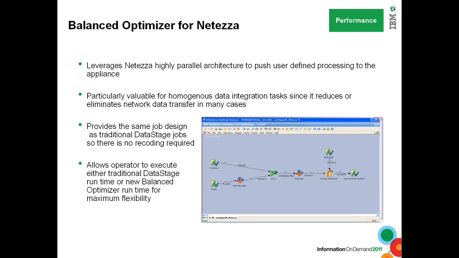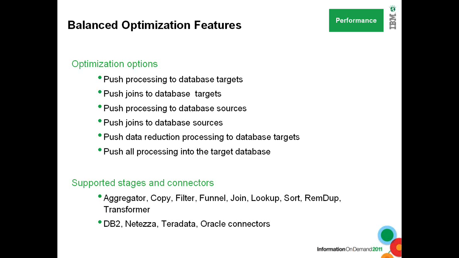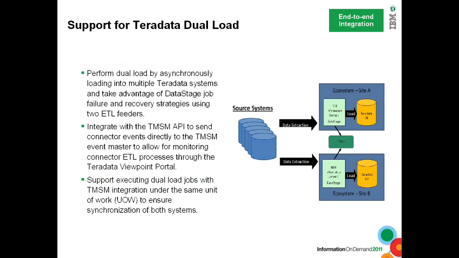So we now support Balanced Optimization for Netezza, which will really help you choose the most optimal design for your Netezza jobs, and will give you enhanced choice in the design and development of a Netezza job. Right.